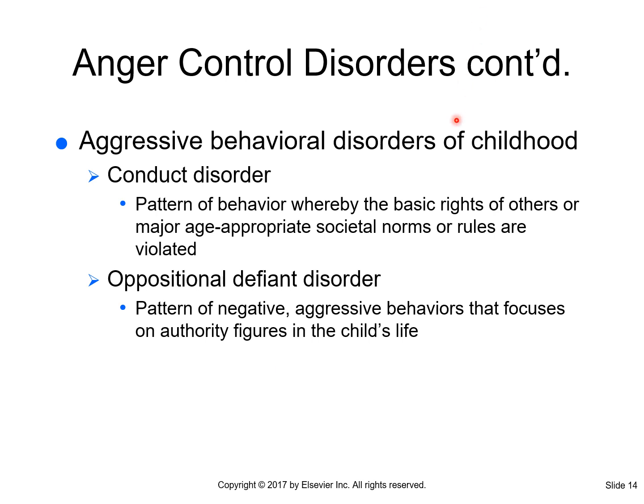These children are easily annoyed, resentful, and irritating, and they often lose their tempers and blame others for their misbehavior. This is usually seen by age 8, and it's very important for us to address it early. Otherwise, this behavior can actually turn into a conduct disorder.